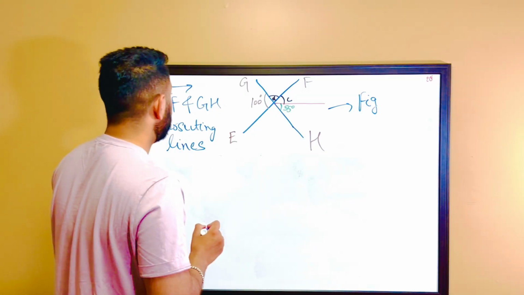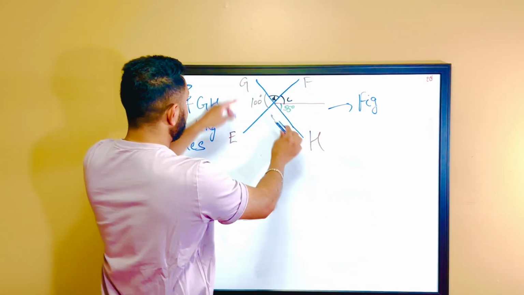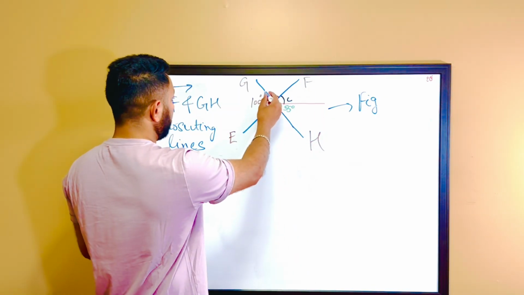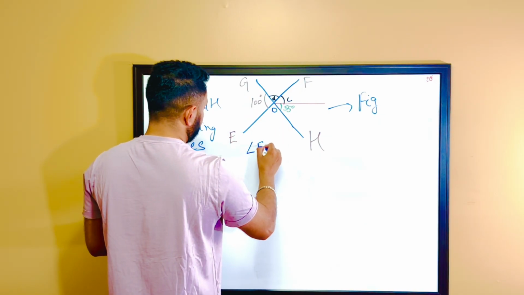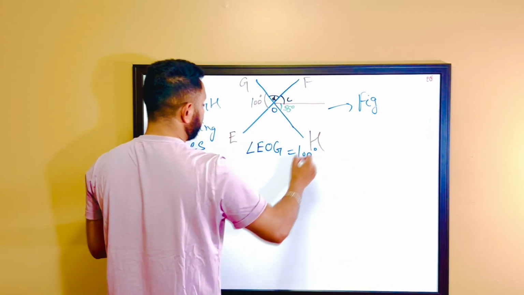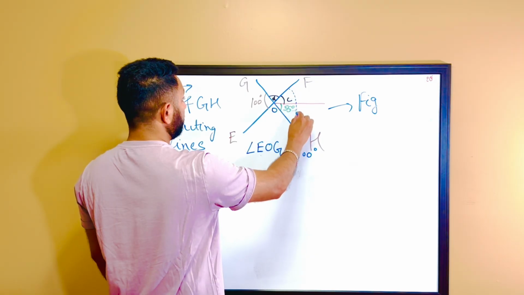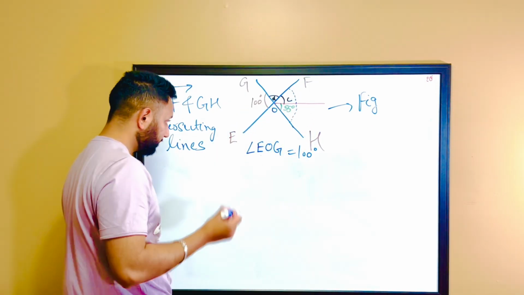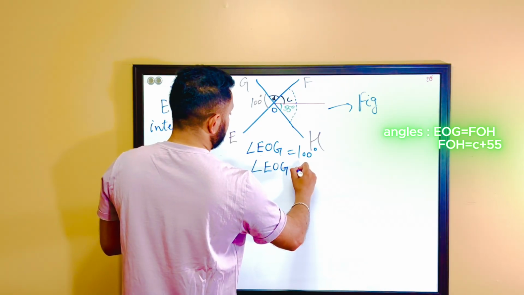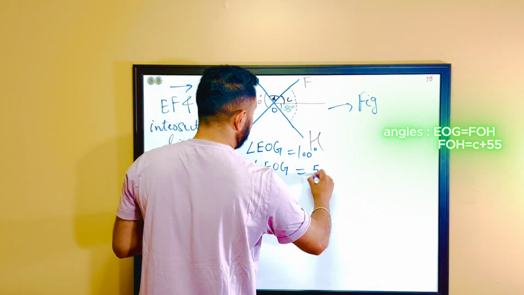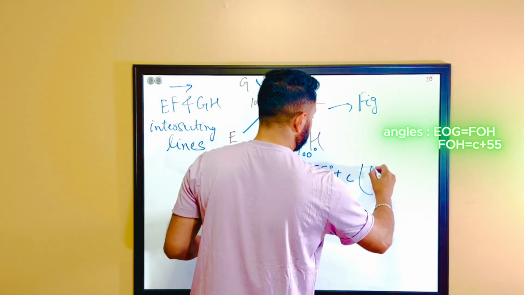And we also know that opposite angles made by two intersecting lines are equal. For the opposite angles made by these two intersecting lines EF and GH, this angle, let's say this is EOG, is 100 degrees, that is given to us, and here the opposite angle is this whole angle, which is 55 degrees plus C. That means EOG is equal to this opposite angle, 55 degrees plus C. They are equal because they are the opposite angles.